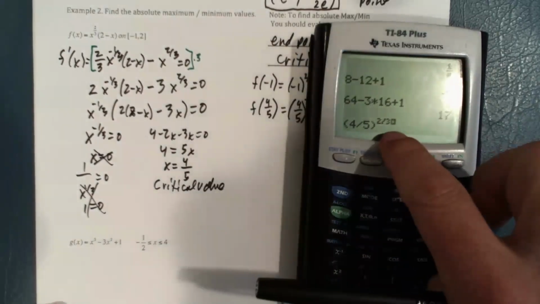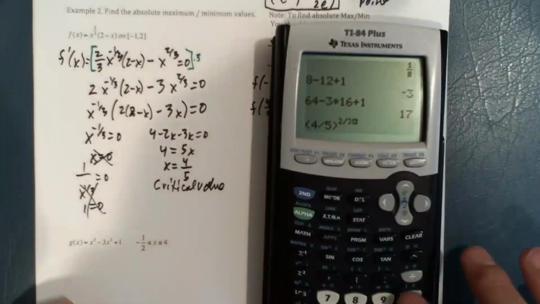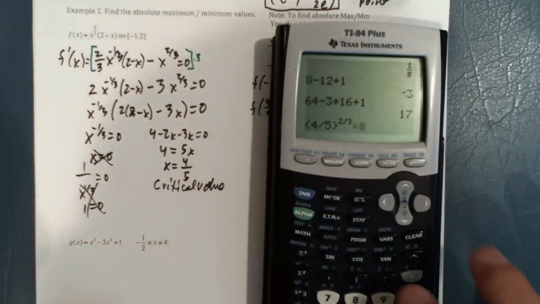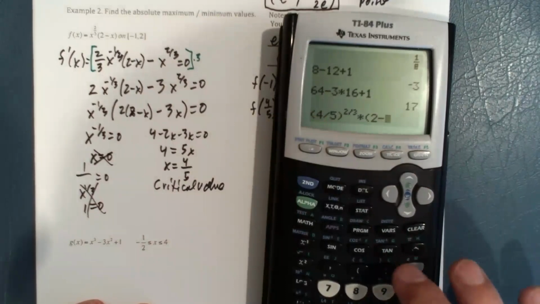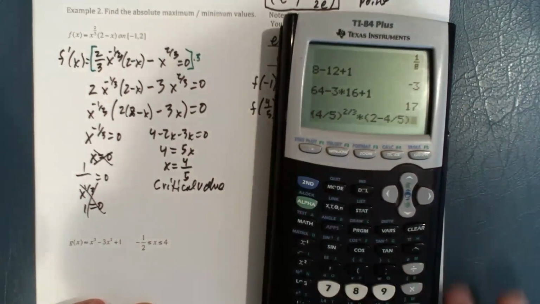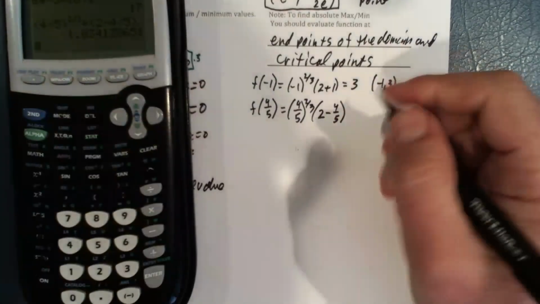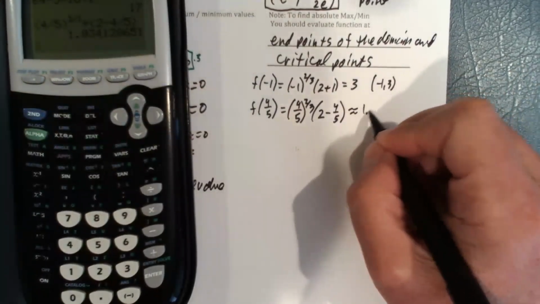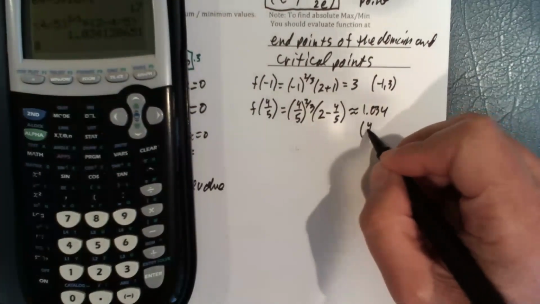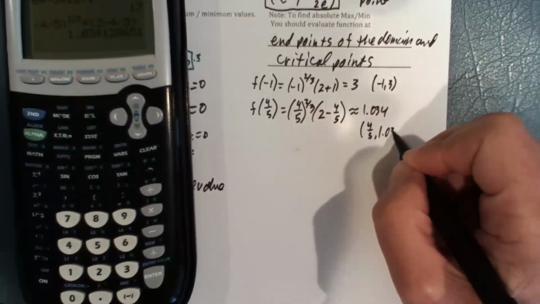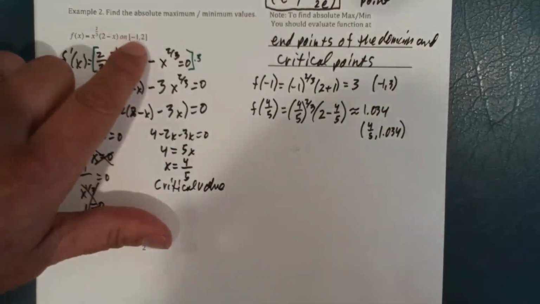You may need to use parentheses with your calculator. And that is going to be times 2 minus 4/5. 2 minus 4 divided by 5. So this is about 1.034. So this is our point, 4/5, 1.034.